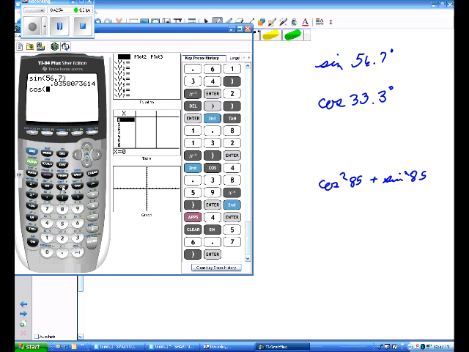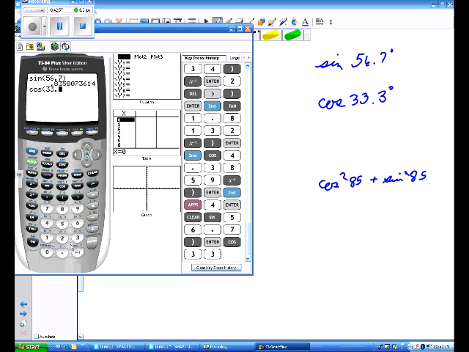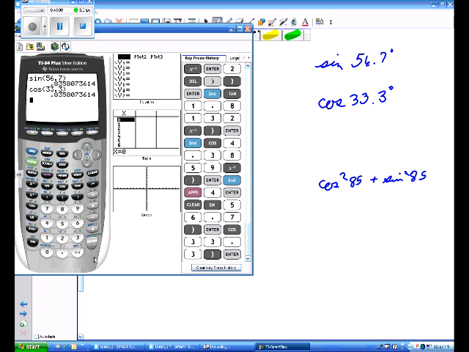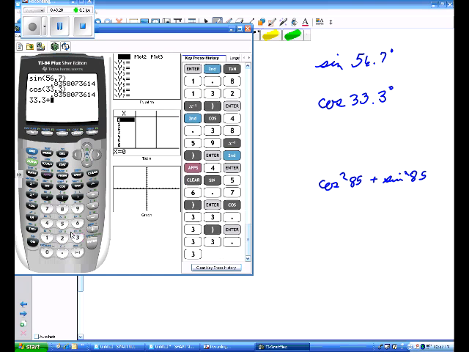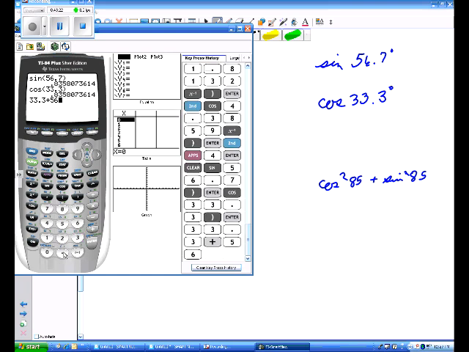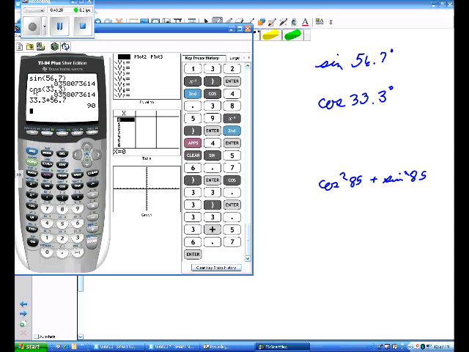The cosine of 33.3 is 0.8358. We ended up with the exact same answer. Well, sine and cosine are cofunctions, and 56.7 and 33.3 are complementary angles. If we add 33.3 and 56.7, we get 90. So here we have cofunctions of complementary angles are equal.